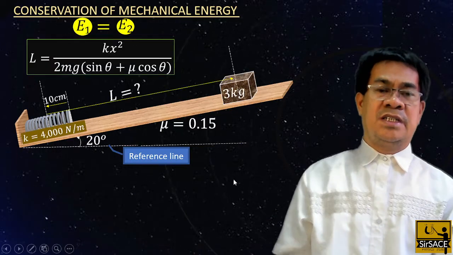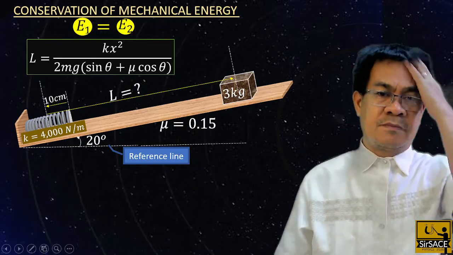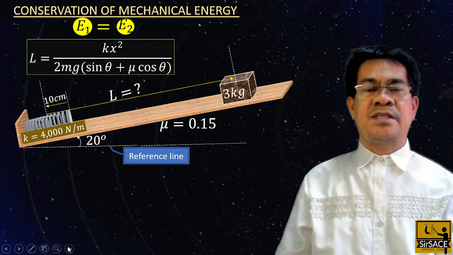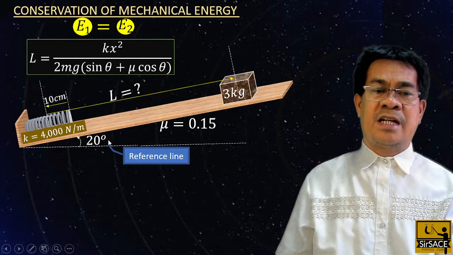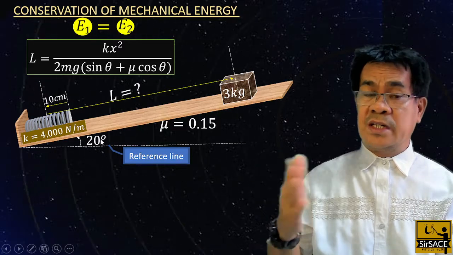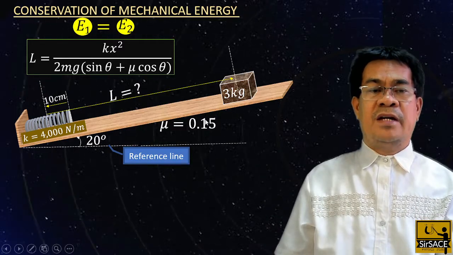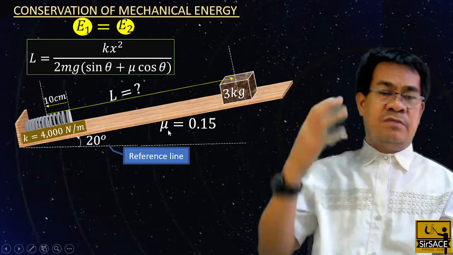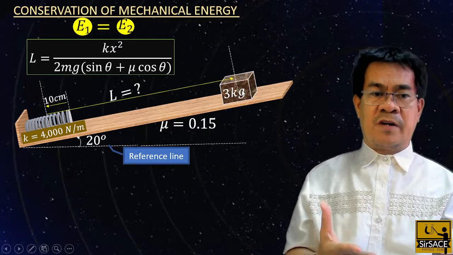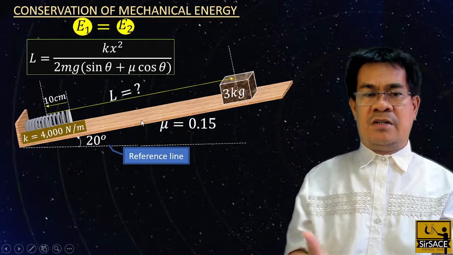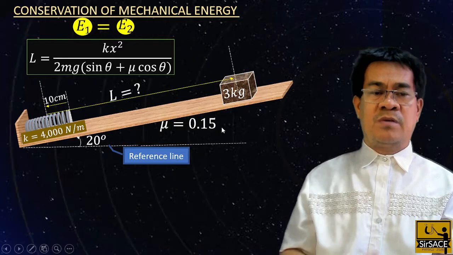Okay, so to exercise ourselves, let's have this problem. Suppose we have an inclined plane, inclined at an angle of 20 degrees. The 3 kilogram object is placed on the inclined plane, with a coefficient of friction of 0.15.